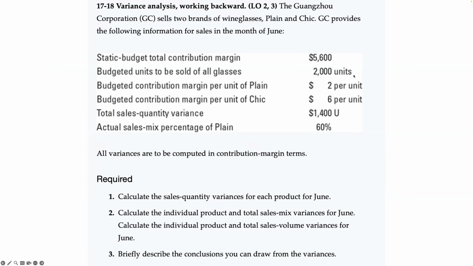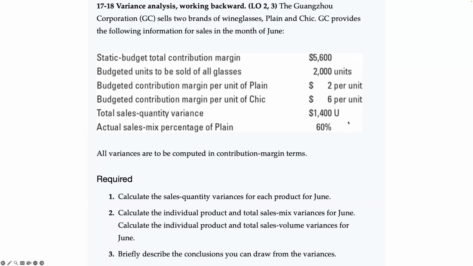We don't know the actual units sold. So we have to figure out first our budget sales mix percentage, second the actual sales. So this is a situation where you have to work backward.